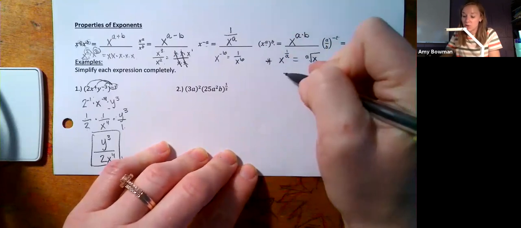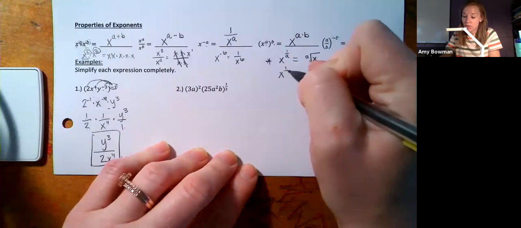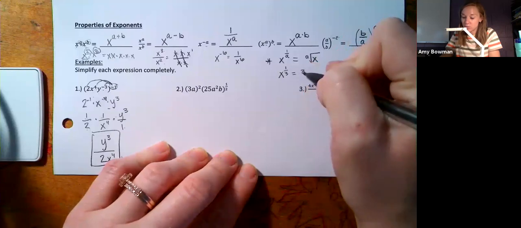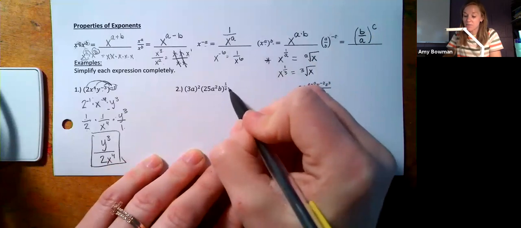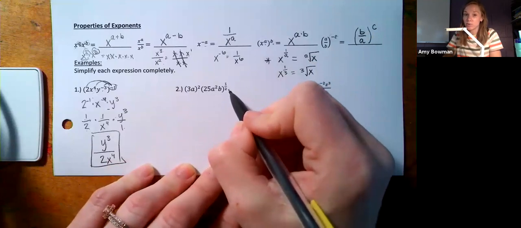Let me give you an example. x to the 1/3 is the same as the cube root of x. So this being raised to the 1/2 is actually just the square root of that.